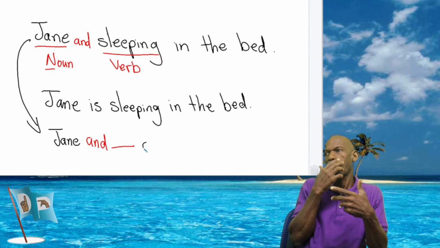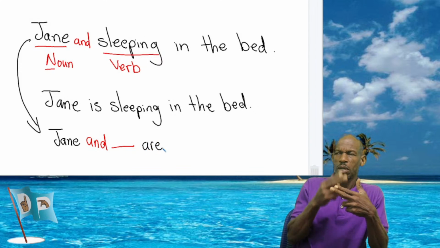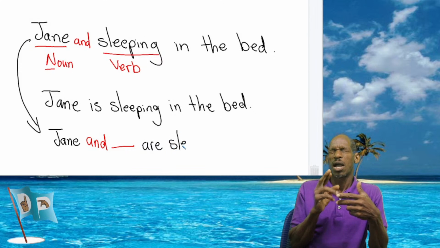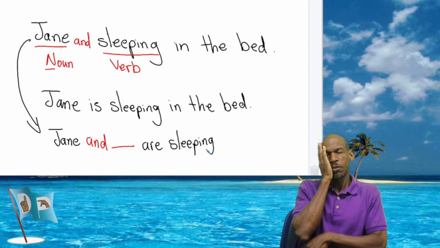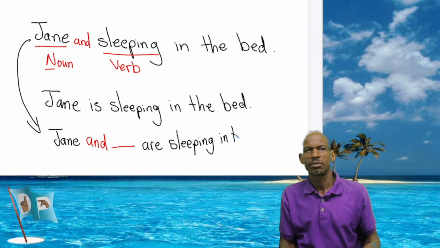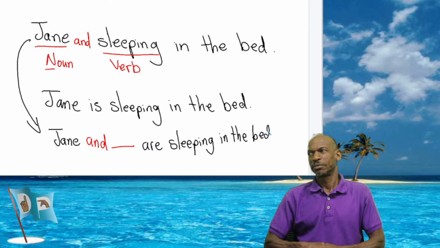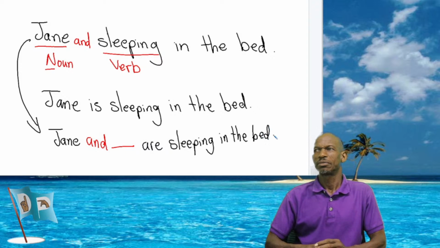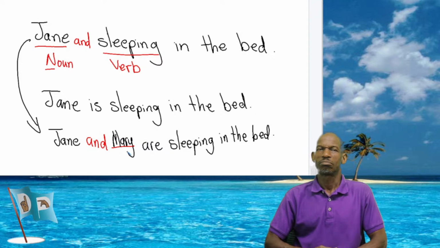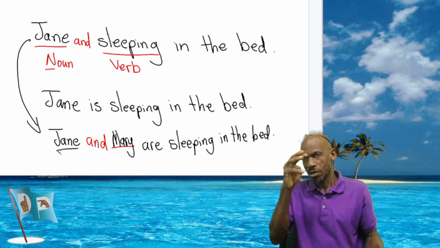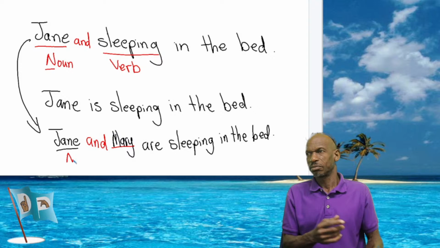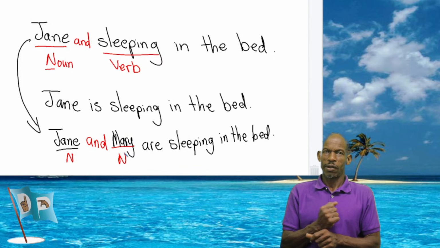And then I put a, because it's more than one person, sleeping in the bed. So I have to write another person. So I could put Mary. All right. So both Jane and Mary are nouns. It has to be nouns joining.